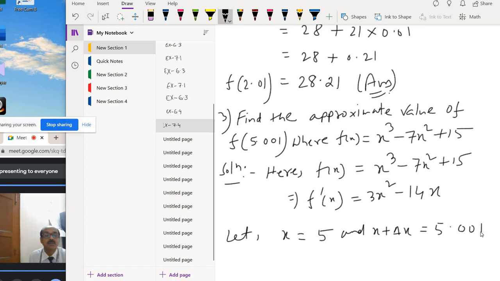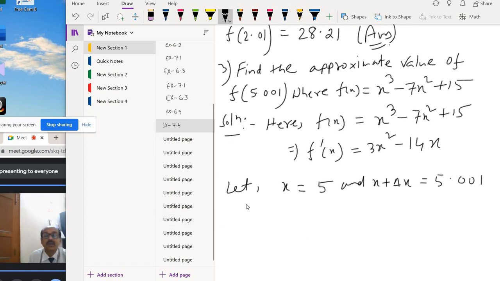Okay, the question is 5.001. So therefore delta x equals 5.001 minus 5, equal to 0.001.